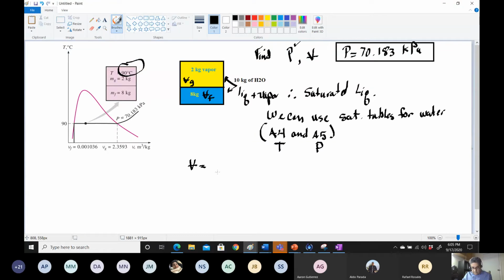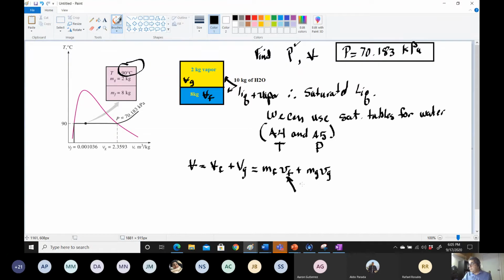I'm being asked to find the volume of that tank. The total volume is equal to the volume of the liquid plus the volume of the gas or the vapor, right? And that is equal to, if you remember from the last, mf little vf plus mg little vg, right?